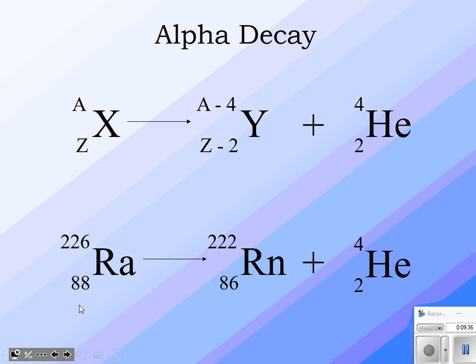So if I'm writing an alpha decay reaction, I'm going to write it like this, where you can see that the 88 minus 2 gives me 86. So this right here will give me what element Y is if I just follow this, A minus 4, Z minus 2.